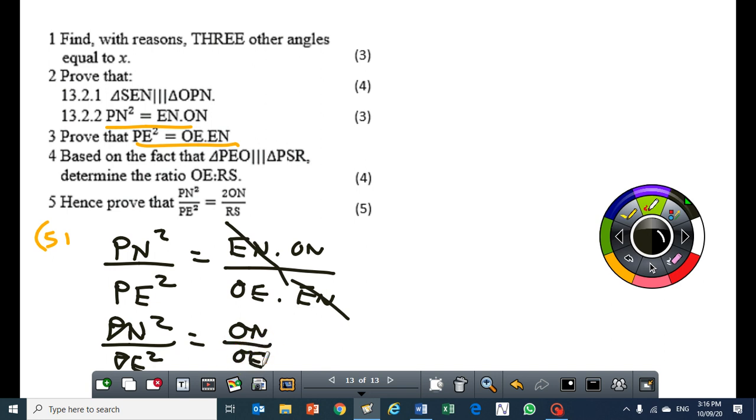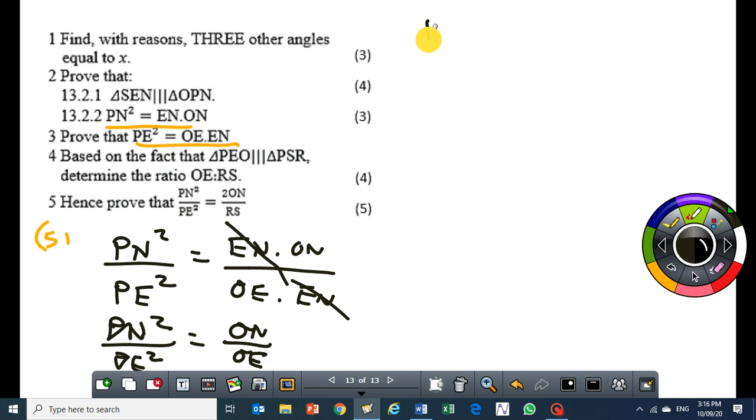Okay? But we have already done something in question 4. We proved that OE is half of RS. Okay? So to bring in this RS, it has got a connection with that OE. So here we say OE or EO is equal to half RS. Where did we get that? I will suggest you write a reason here.